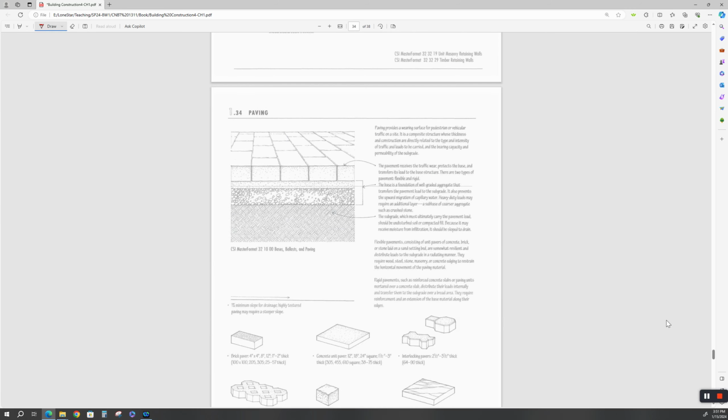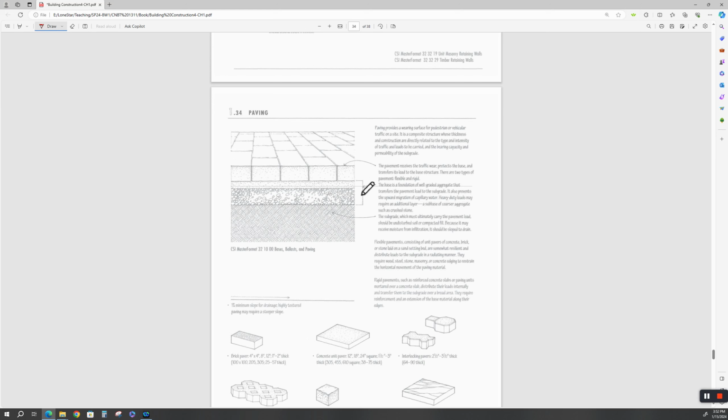So anyway, paving. We could spend a whole semester on this, but we're not going to. This describes the strata of paving. You've got your top coat, which carries the wear.